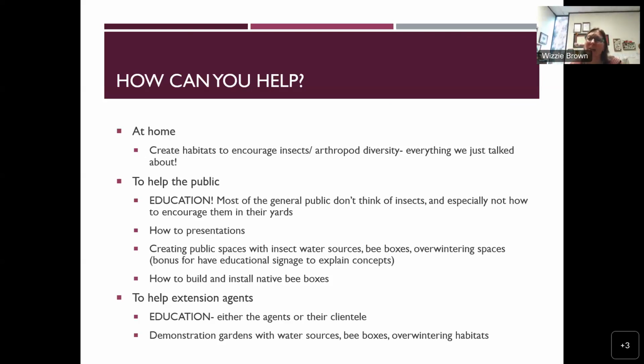Because I know I have in my yard a lot of the insect watering dishes, and I have a neighbor down the street that always walks past my house, and she saw me one day when I was in the yard working in the garden, and she said, I was always wondering why you had that bowl with a rock in it that had water.